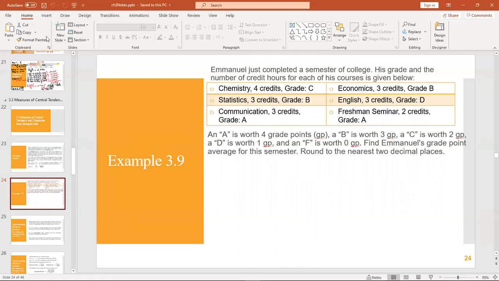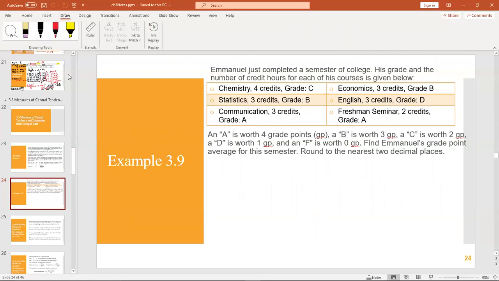So what we're going to do here, we've got the credits. And then we're going to have the grade, and we're going to change that into a number.